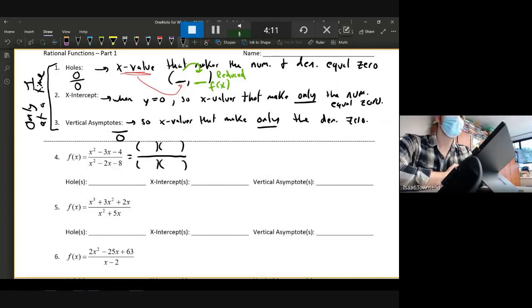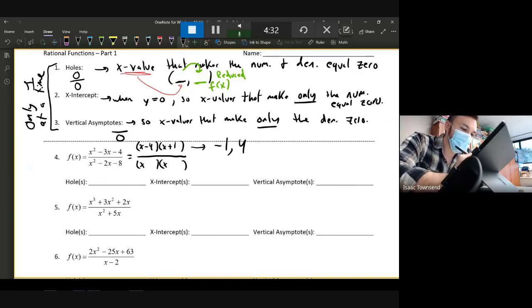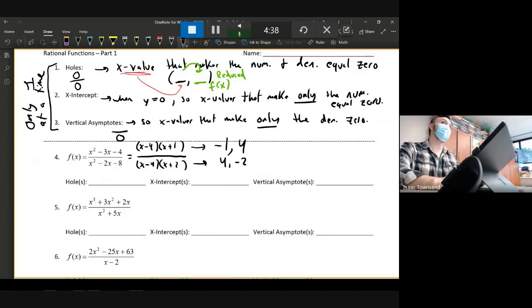Or I guess worst case, you could do quadratic formula. But you don't want to have to do quadratic formula just for the numerator and quadratic formula just for the denominator. Ideally, you want to be able to factor the numerator so that we can see -1 and 4 makes the numerator 0. Factor the denominator so that you can see 4 and -2 make the denominator 0.